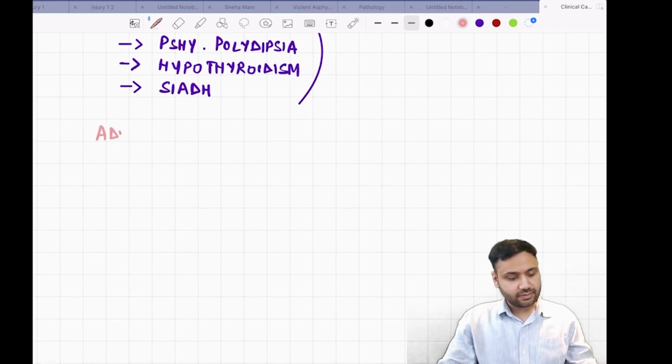For Addison's disease, the adrenal glands are involved.